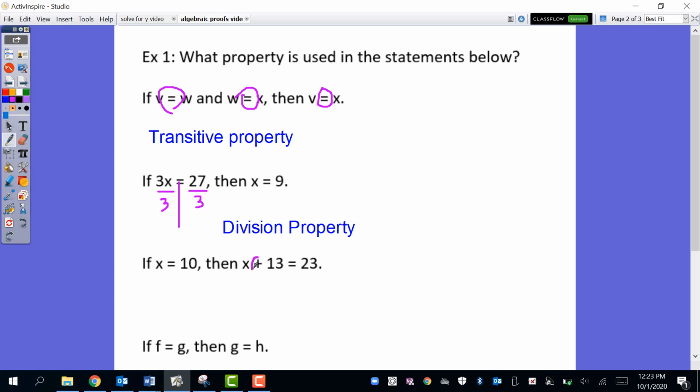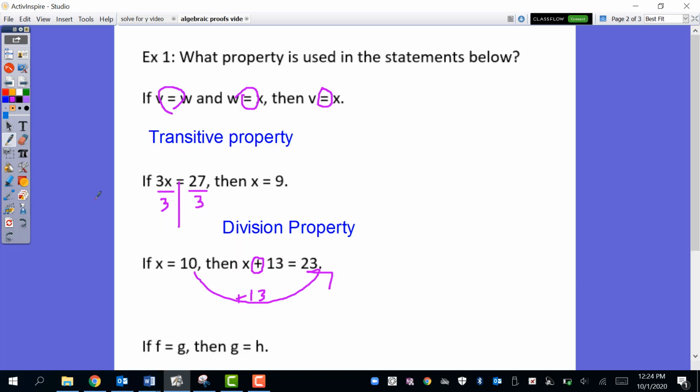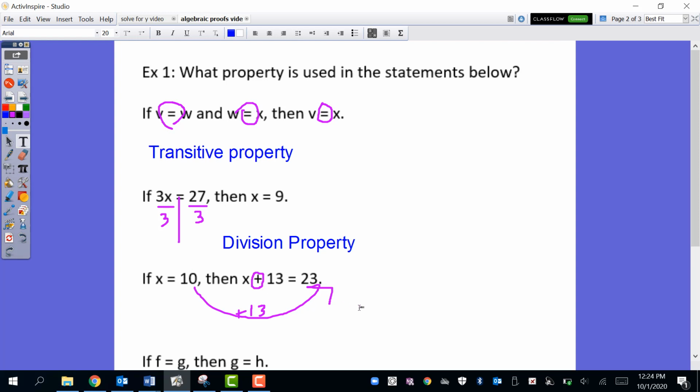So if I'm seeing a plus sign, to go from 10 to 23, did they do plus 13? Yeah, they did. I see a plus sign. If I look at this list over here, in the addition postulate, there was a plus sign in it. Look, plus sign. So the answer for that one is addition property or postulate or whatever it says.